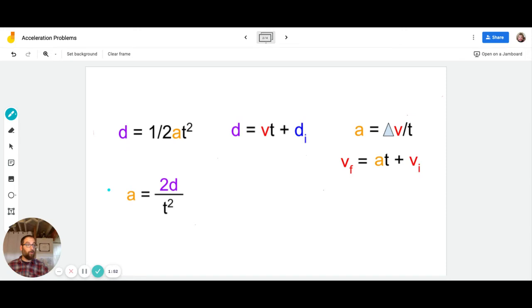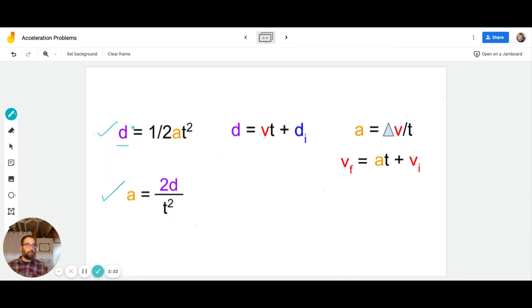We have two equations here involving distance, acceleration, and time, an equation that involves distance, velocity, and time, and then two equations that involve acceleration, velocity, and time. So in this class, you are required to be able to use these two equations. So what we want to figure out is which of these we use. And since we want a distance, we use the equation with distance on the left by itself.